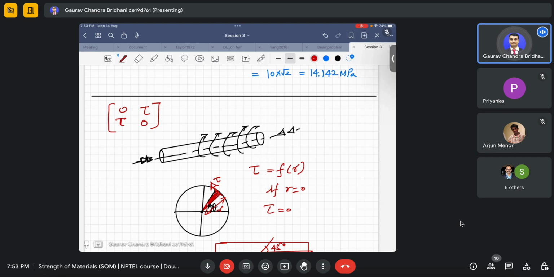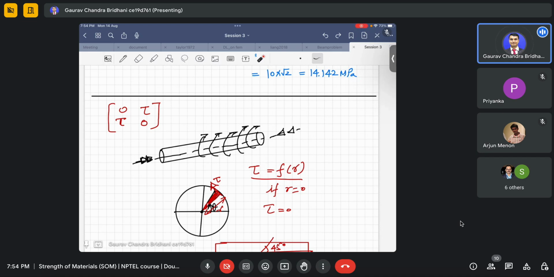In that theory, if you apply only torque on a body, it generates stress which is shear in nature, and it applies on the cross section. So basically it shears the cross section, and the value of that shear is a function of radius. If the radius is bigger, the shear stress will be more. If the radius is very small, the shear stress will be small.